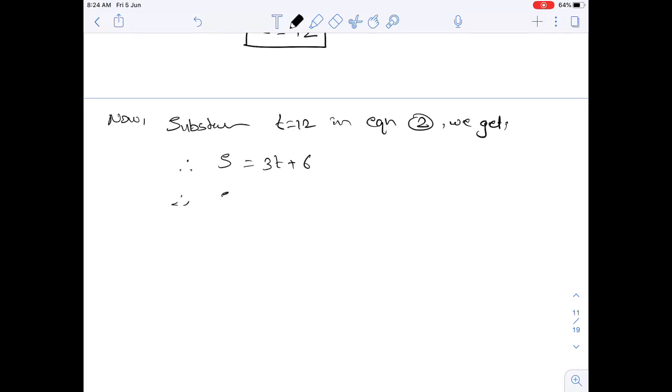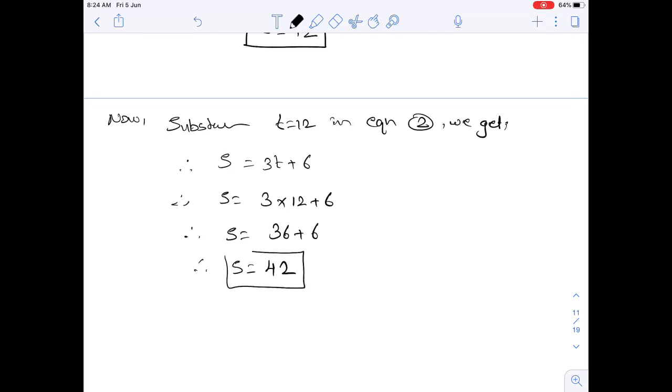Therefore s equals 3 into, now instead of this t we'll make use of the value 12. So you will get 12 plus 6. Therefore s equals, now 12 threes are 36 plus 6. Therefore s equals 42.